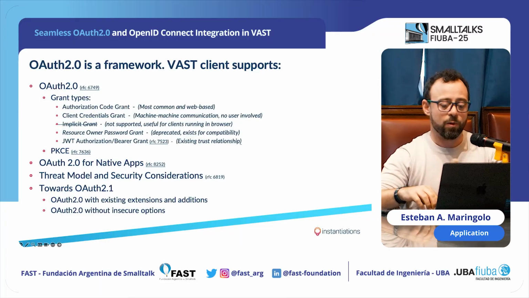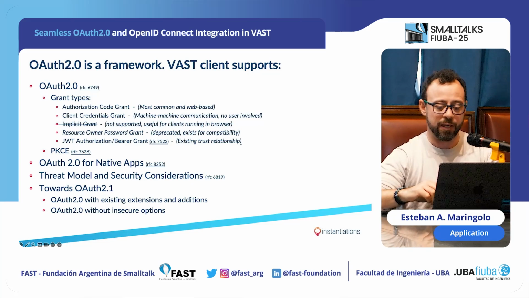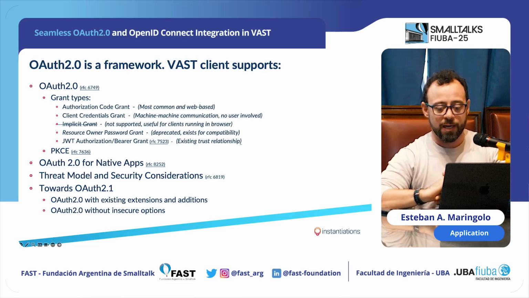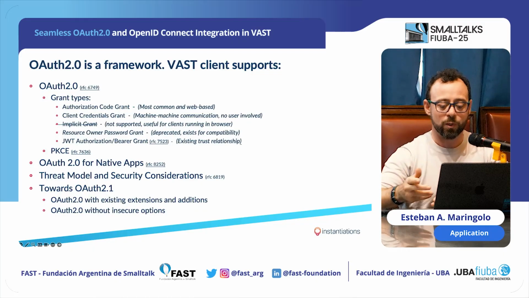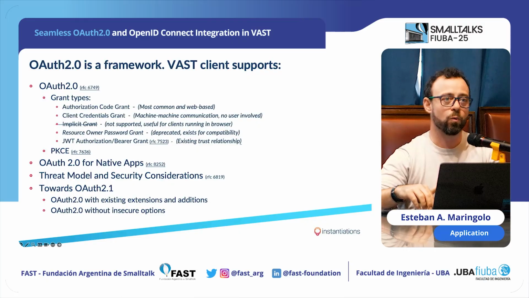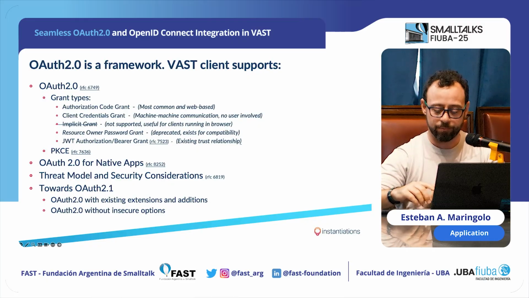Then, of course, JSON Web Tokens, and we follow the OAuth2 for native applications specification. And as we support everything, we are moving forward towards OAuth 2.1 support and compliance.